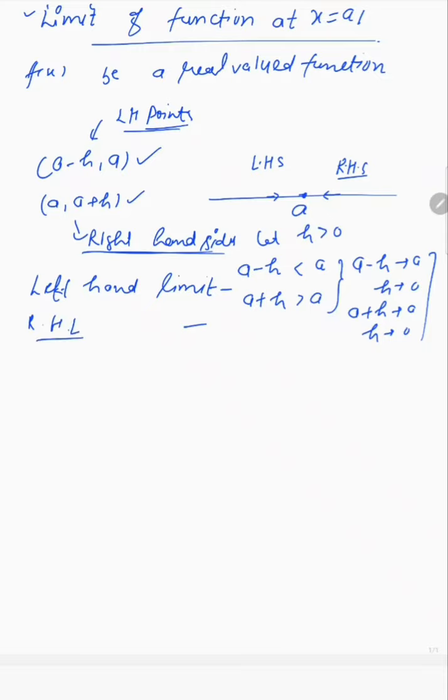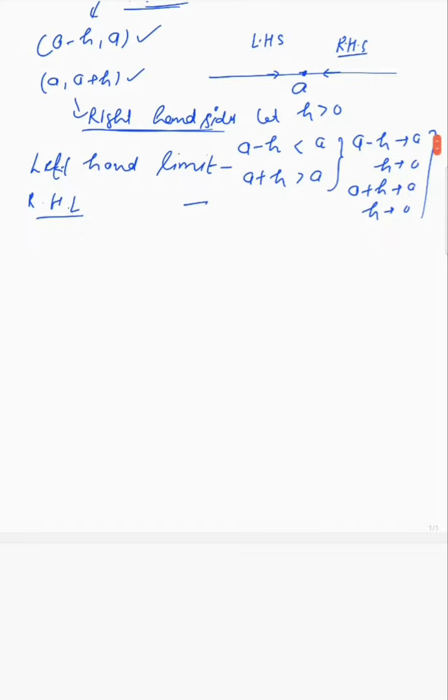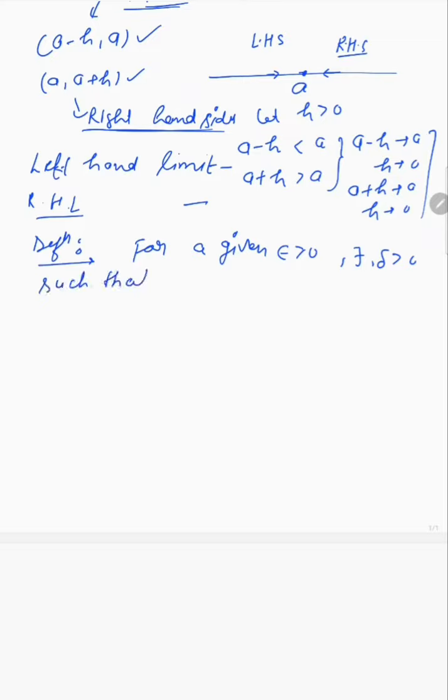First of all, I am giving you the basic definition of limit in calculus. The definition is as follows: for a given epsilon greater than 0, there exists a delta positive such that mod of f(x) minus L is less than epsilon for every mod of x minus a less than delta.